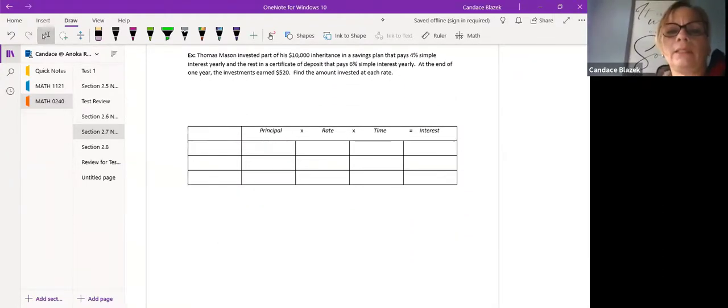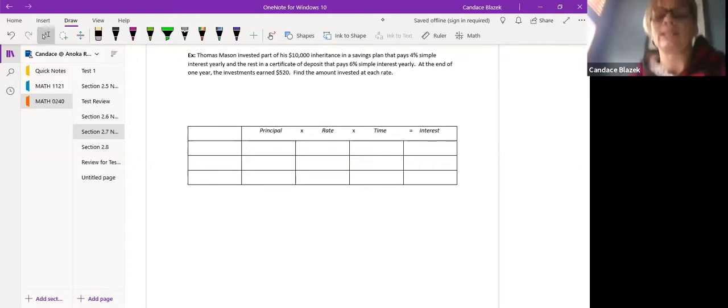So Thomas Mason invested part of his $10,000 inheritance in a savings plan that pays 4% simple interest, and the rest in a certificate of deposit, or a CD, that pays 6% simple interest yearly. At the end of 1 year, the investments earn $520.